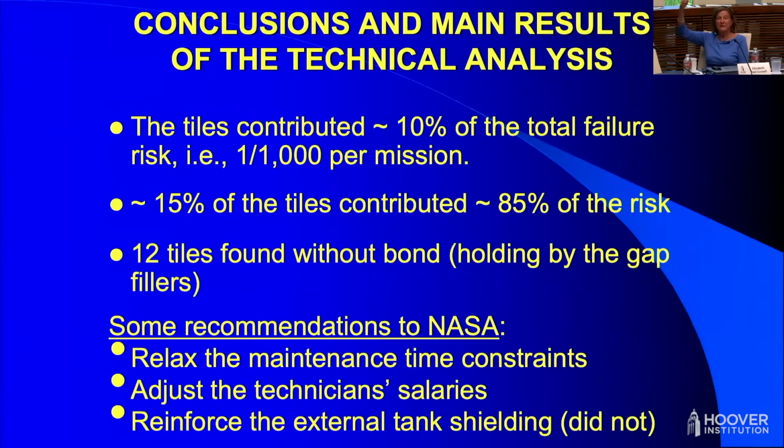Why? Because it's that external tank that had also the same reinforcement, the same maintenance, same protection, and the same shielding. But NASA did not do that. And that's how we got the Columbia accident.